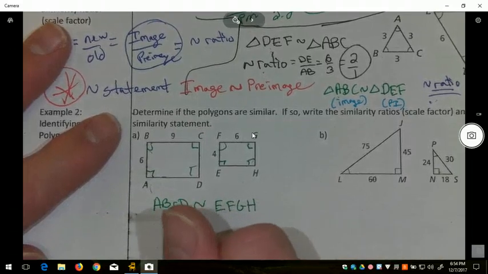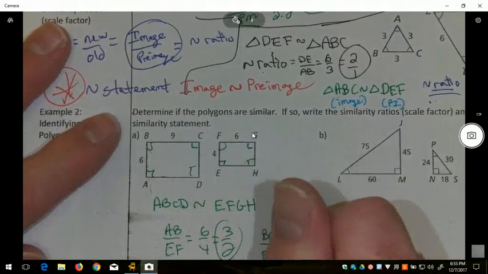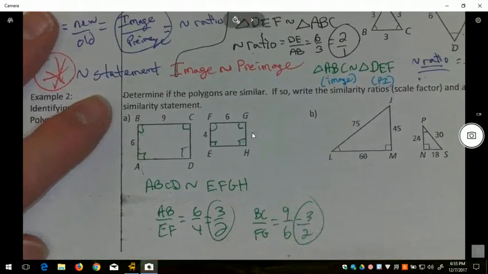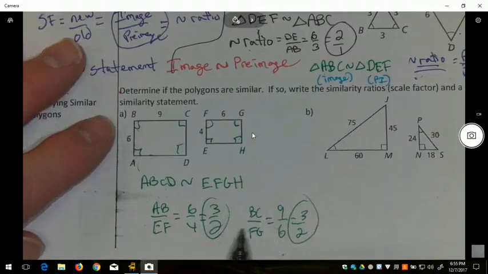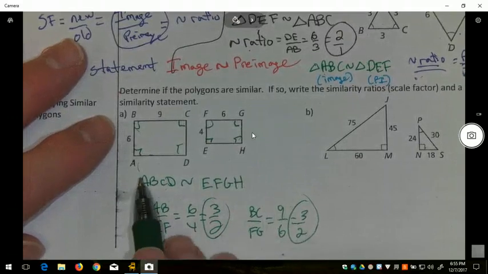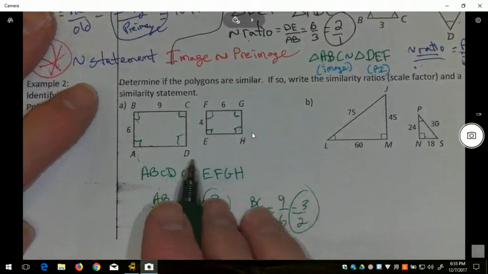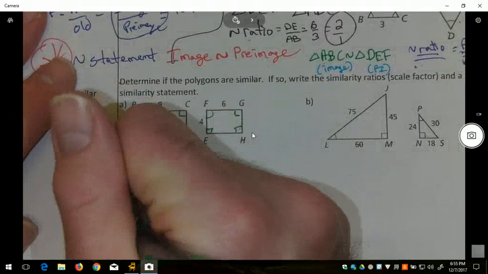Well, this is 6 over 4, which reduces to 3/2. 9 over 6 also reduces to 3/2. So since the angles, or at least we believe the angles, match up, and the ratios are the same, or the lengths of the sides are proportional, we can say that this quadrilateral is similar to this quadrilateral.